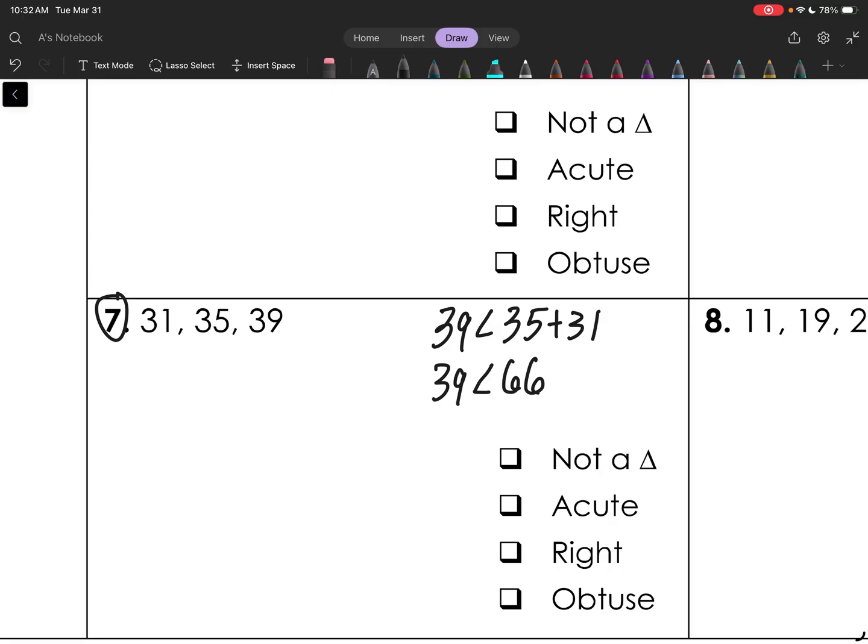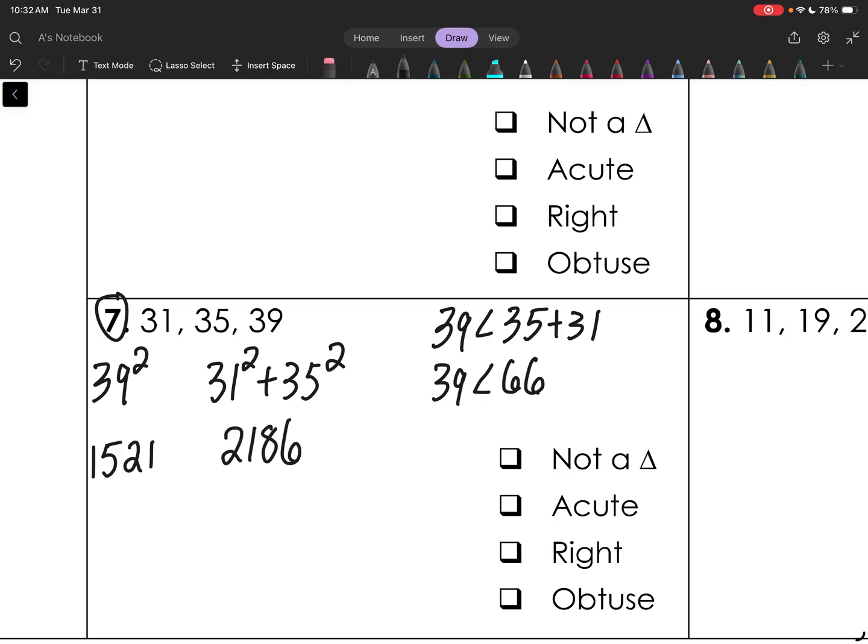This is true. So 39 squared, 31 squared plus 35 squared. 31 squared is 1,521. 31 squared plus 35 squared is 2,186. The 1521 is less than it. This is an acute triangle.